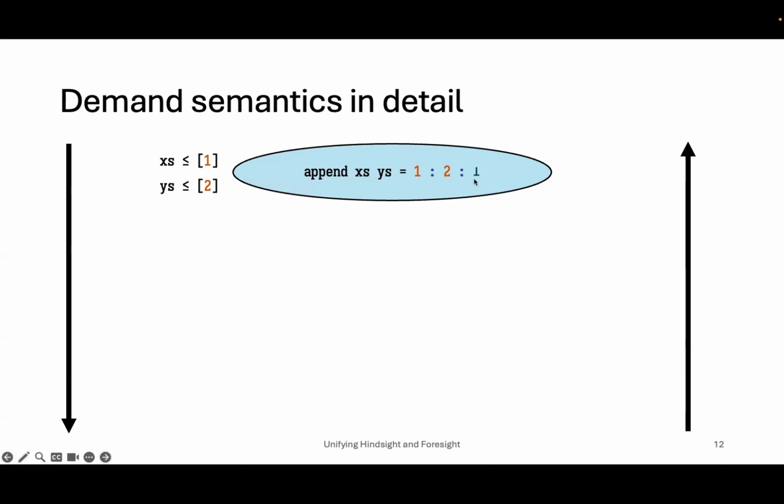So here, before, bottom represented a skipped computation. Now it represents a computation that I'm not going to ask for. Okay, it's a computation that I'm not going to demand at the end. Formally, the way this works is I'm going to feed in some value that's an approximation of the actual result. That's what this is here. So by actual result, I mean, if you appended these two, you would get the list 1, 2.